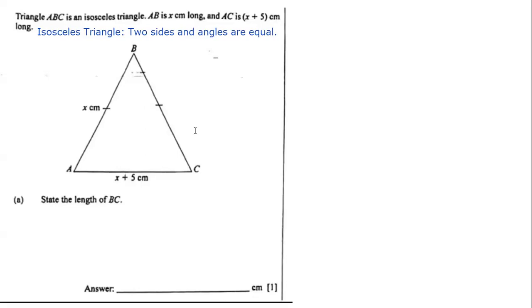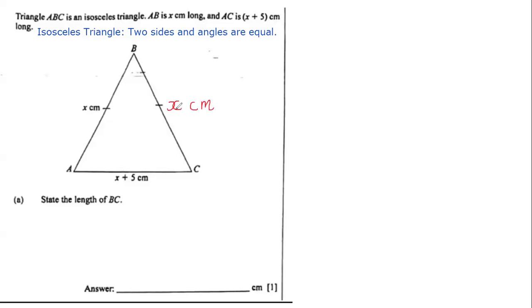X centimeters as well. It only makes sense, because if this side is X, the other side must be X, since two sides and two angles are equal. So X centimeters and X centimeters.